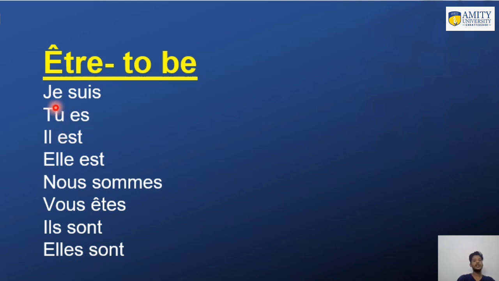Again, je suis, tu es, il est, elle est, nous sommes, vous êtes, ils sont, elles sont. Je suis, I am; tu es, you are; il est, he is; elle est, she is; nous sommes, we are; vous êtes, you are; ils sont, they are; elles sont, they are.